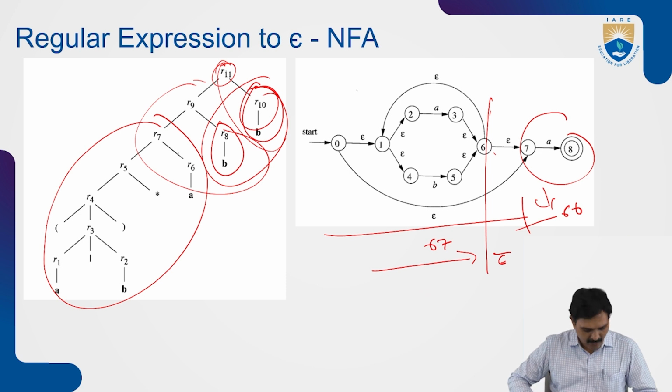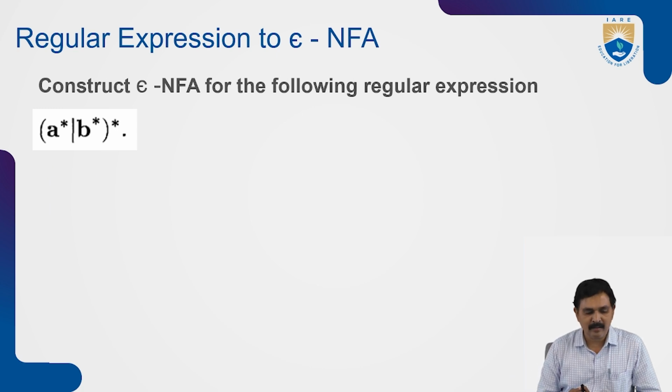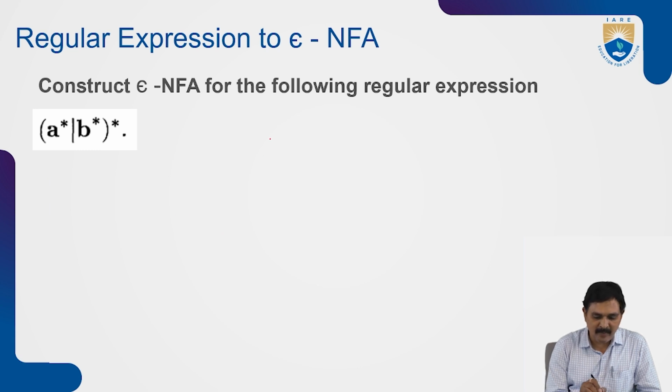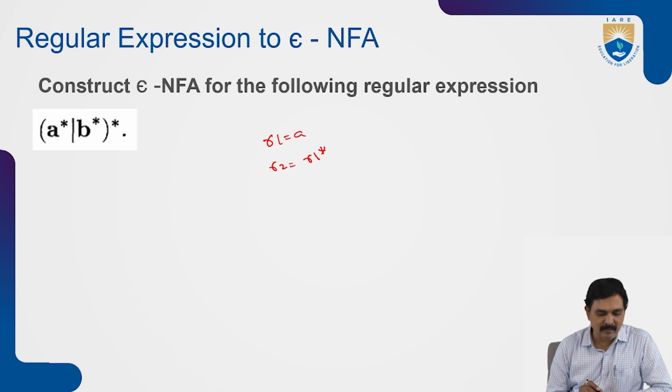After that, you have to see another question: construct a null NFA for the regular expression. First, you find what the divisions are. First I am taking R1 equal to A, R2 equal to R1 star. For your purpose, I am making some simpler divisions. At a time you cannot attempt the null NFA diagram for the entire regular expression, so you make some simpler divisions.